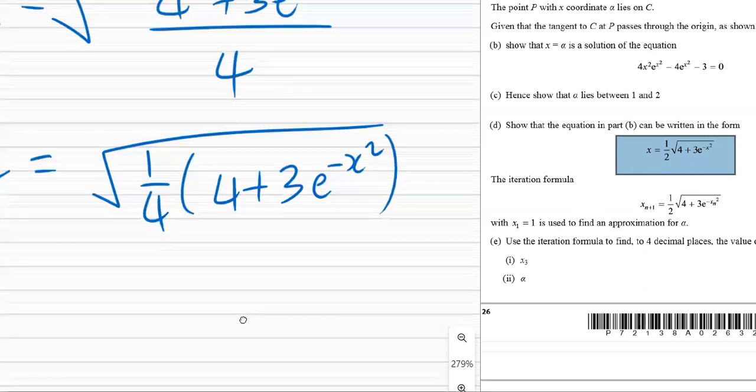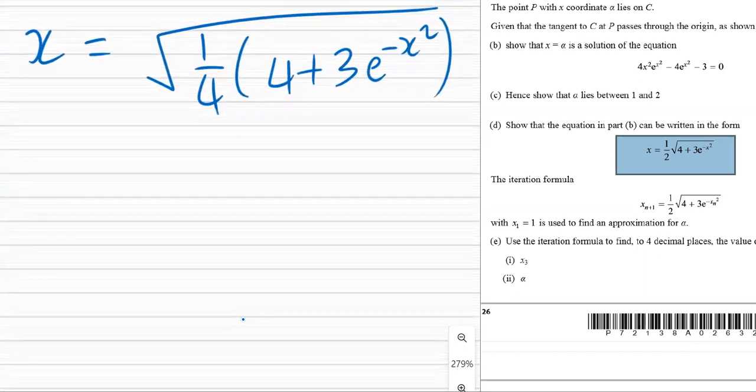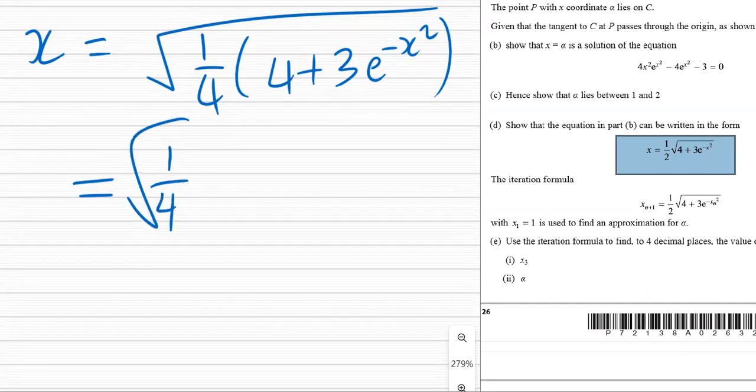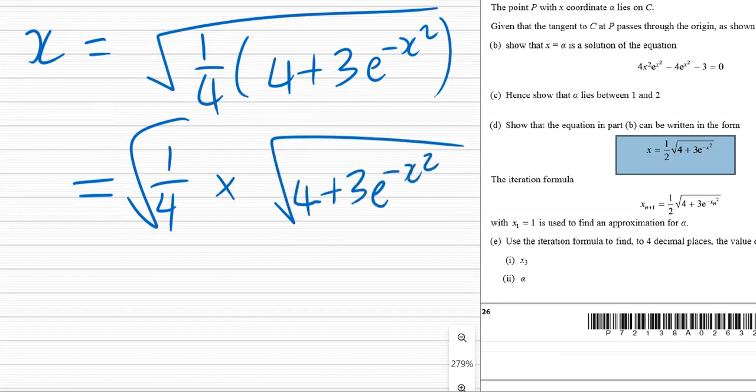And if we split this up, it's a quarter squared times that whole thing squared. So the square root of a quarter squared, the square root of a quarter is a half, and we're there.